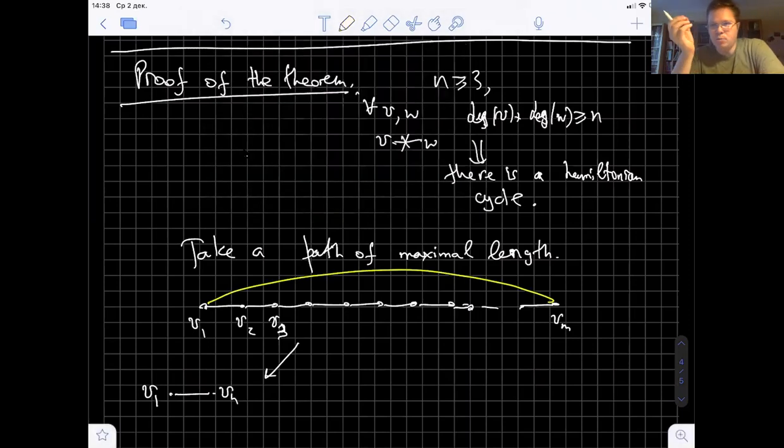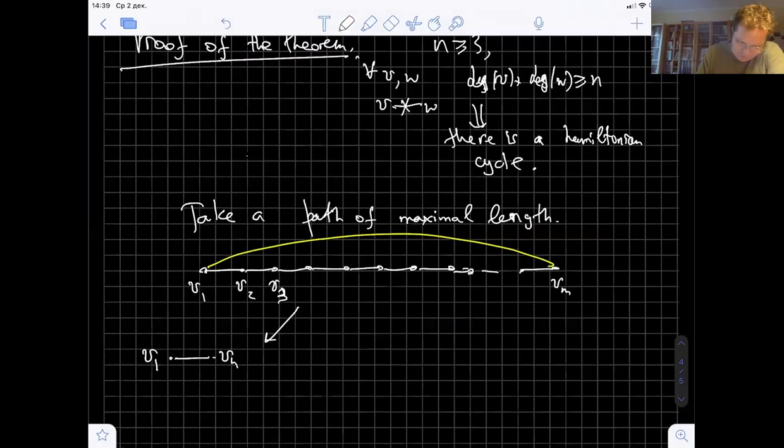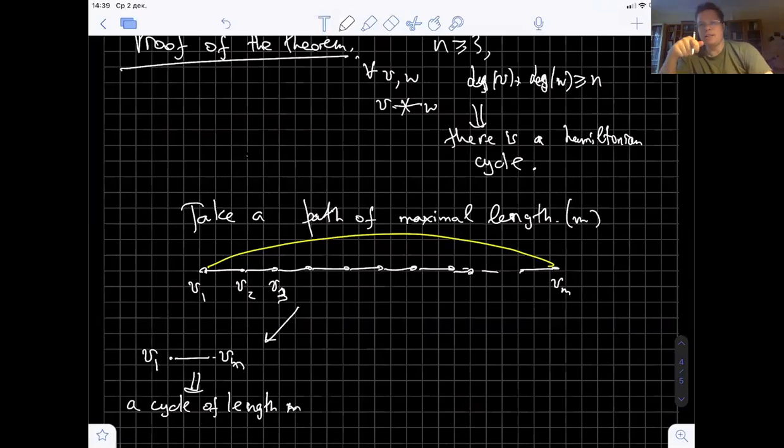I want to prove that if we take a path of maximal length, then there must be a cycle of the same length as this path. So if we have the edge v1 vm, then we have a cycle of length m. But what if they are not connected to each other?